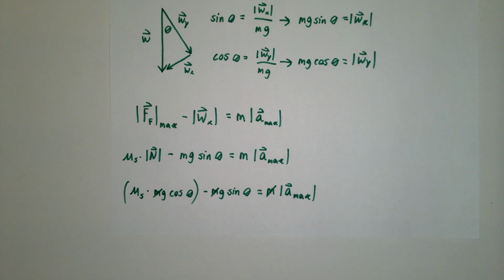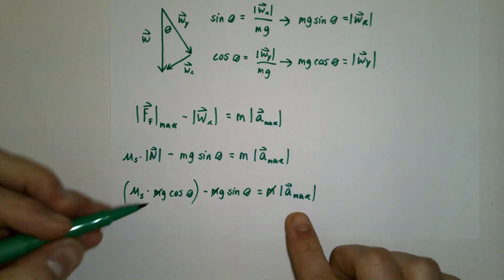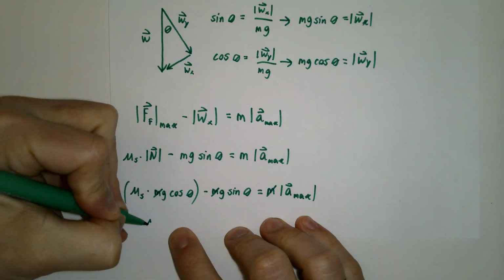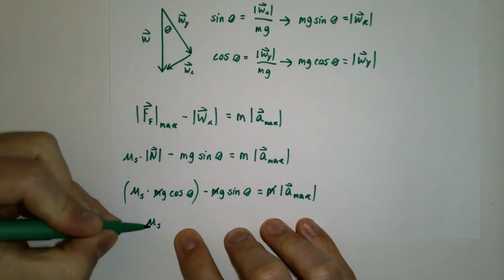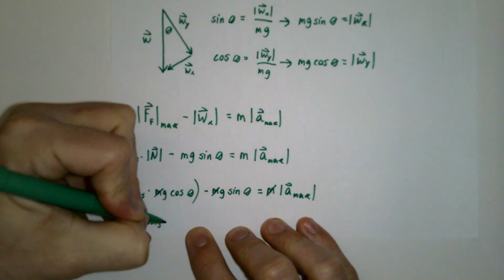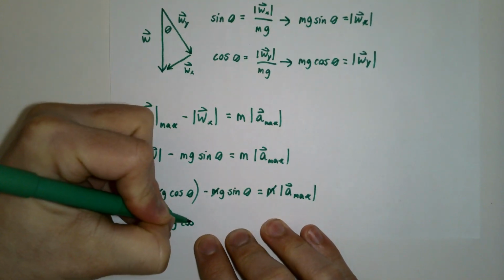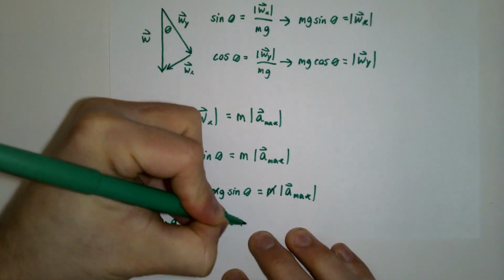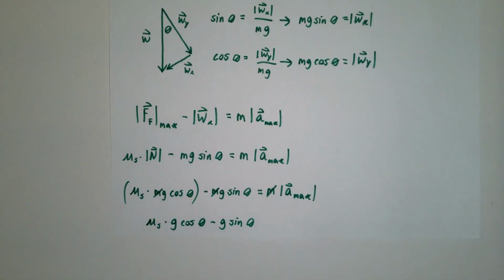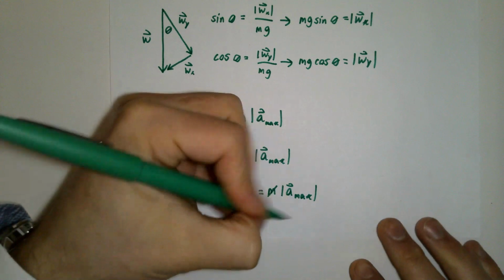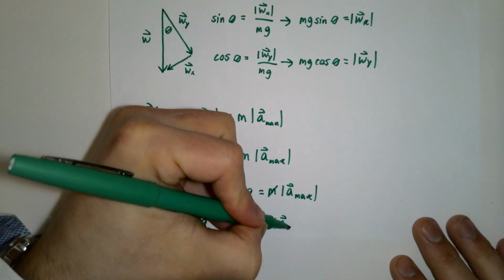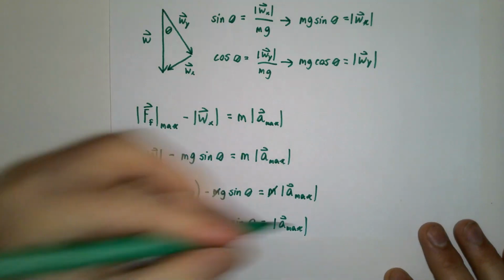We can conclude here, therefore, that the maximum acceleration our object can undergo depends on how big the coefficient of static friction is times g cosine of theta minus g sine of theta. This will give us the maximum acceleration that our truck can undergo.